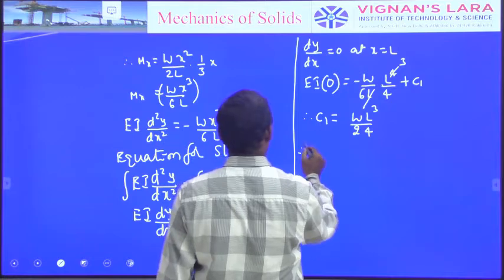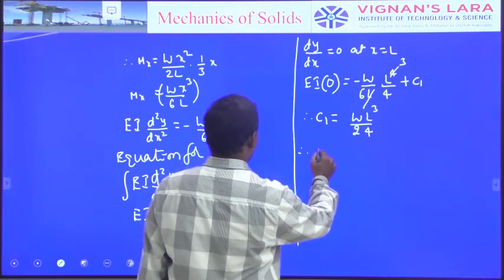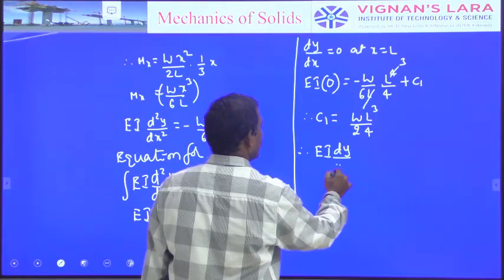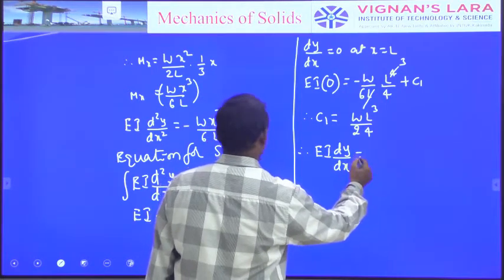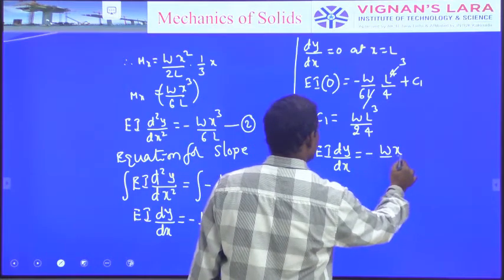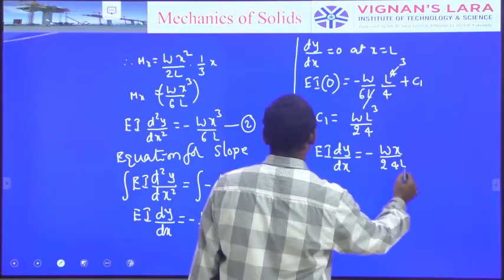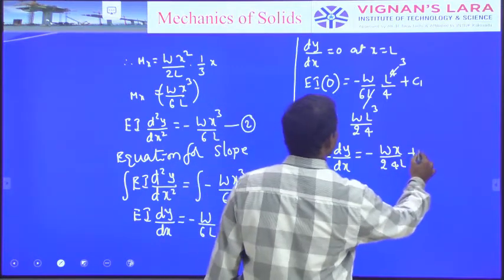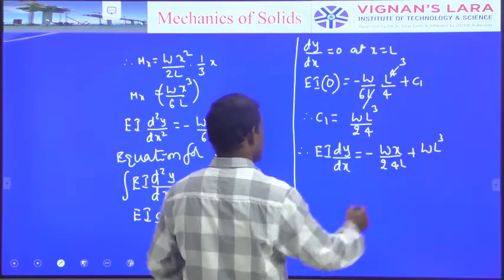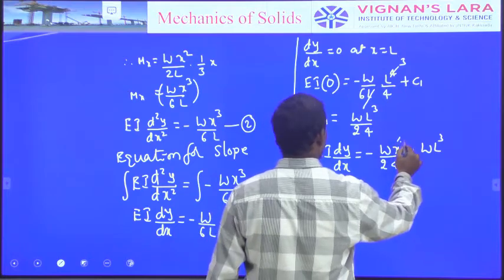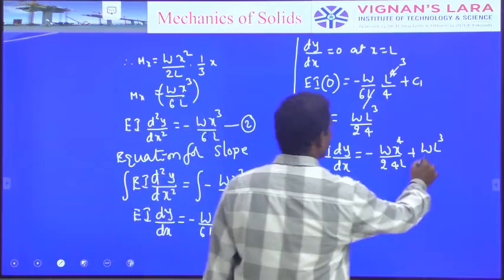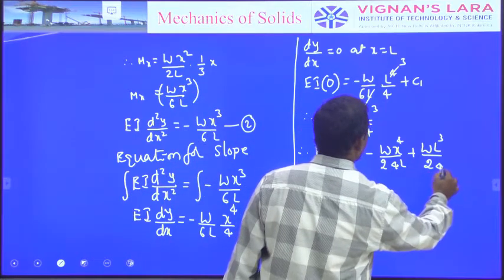Therefore the equation for slope is EI into dy by dx is equal to minus Wx power 4 by 24L plus WL cube by 24.